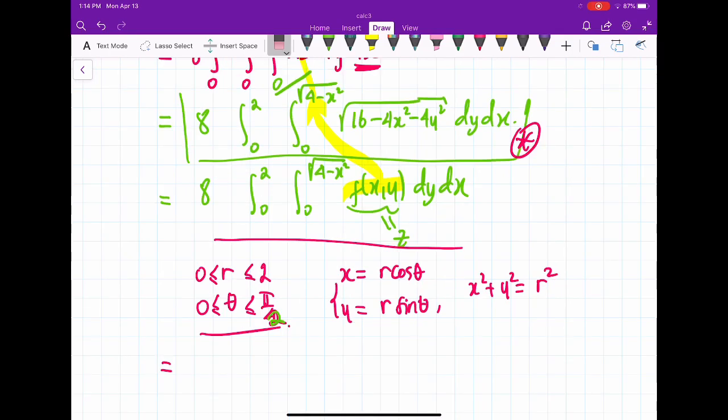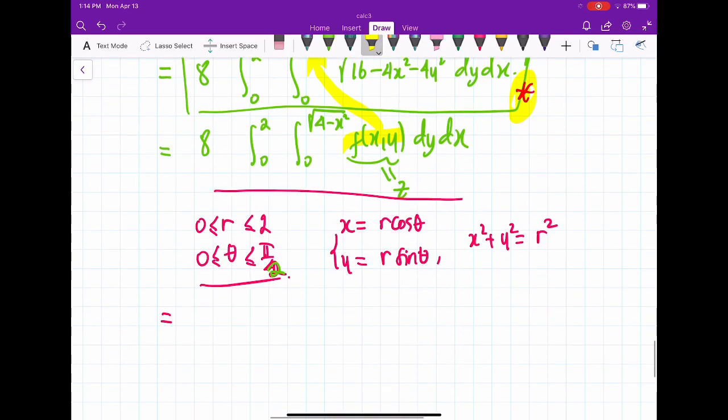Then our integral star right here looks like 8 times. You may choose to integrate with respect to r first and then with respect to theta, right? That's your choice. Or you want to do theta first and then r. But I write dr d theta. So theta goes from 0 to pi over 2. r goes from 0 to 2.